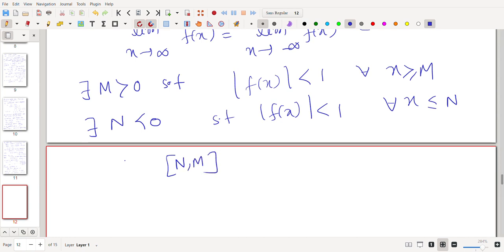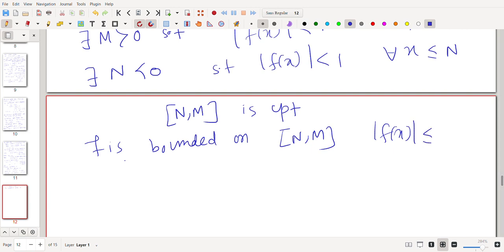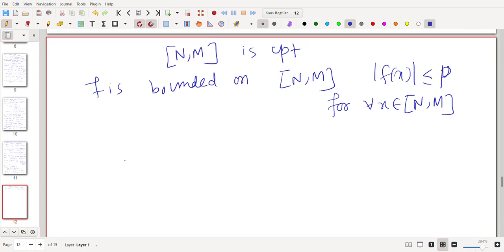Now observe this interval [n, m] is compact. That means f is bounded on [n, m], say |f(x)| is less than or equal to p for all x belonging to [n, m].